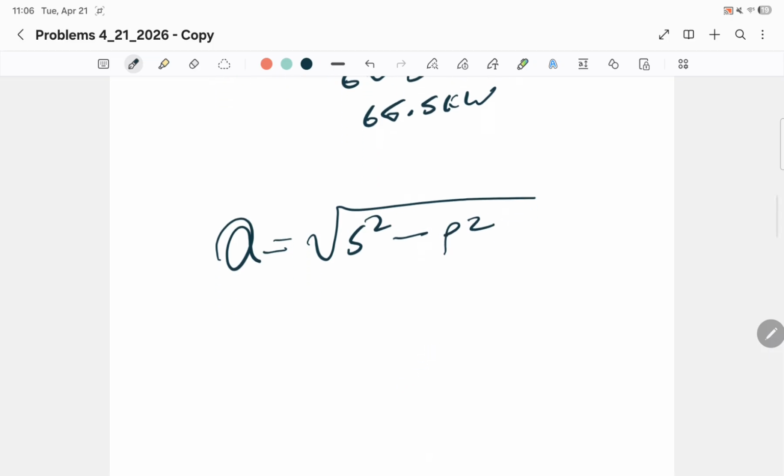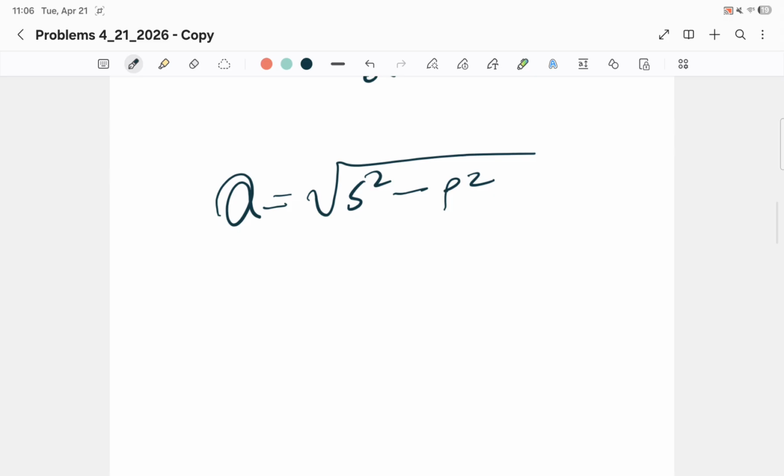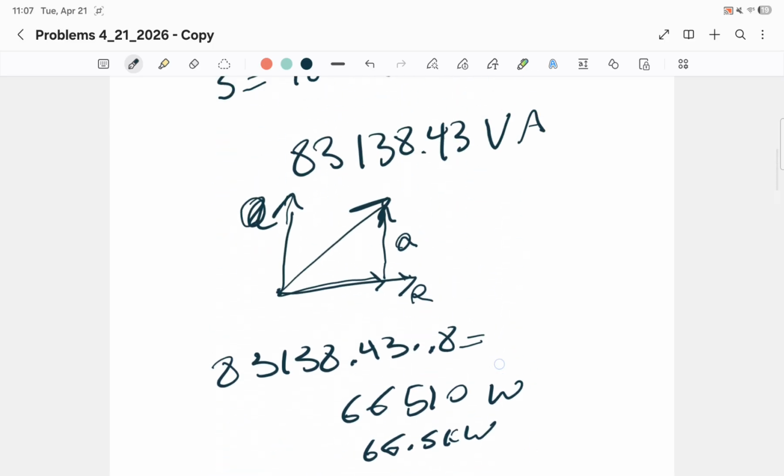You could probably also solve it using trigonometry, but this is usually a faster way because it's always going to be a right triangle. So whatever we got earlier, Q is equal to, and it kind of gets confusing if you want to use kilowatts or the regular watts, but I always prefer to keep my units unsimplified, so I'll use this.